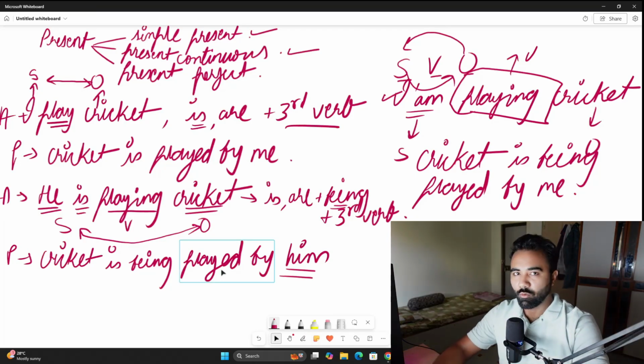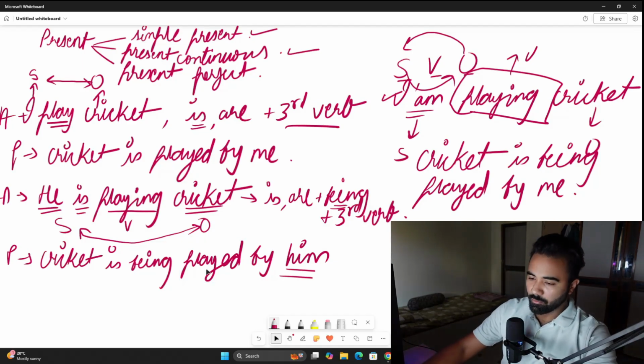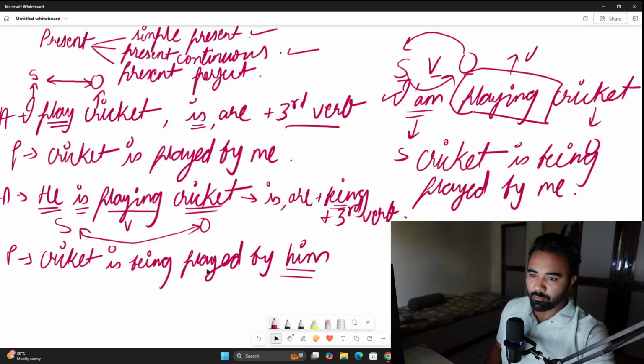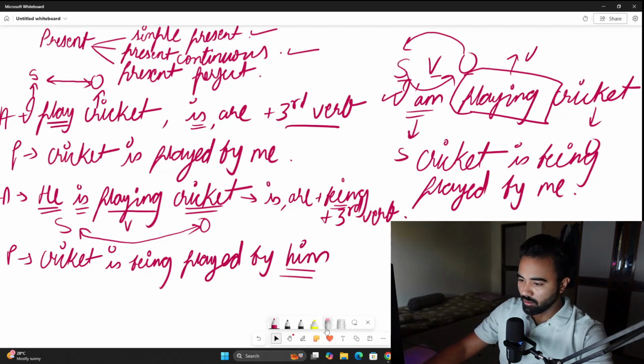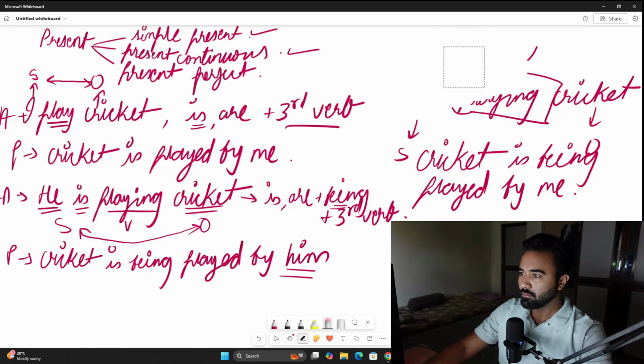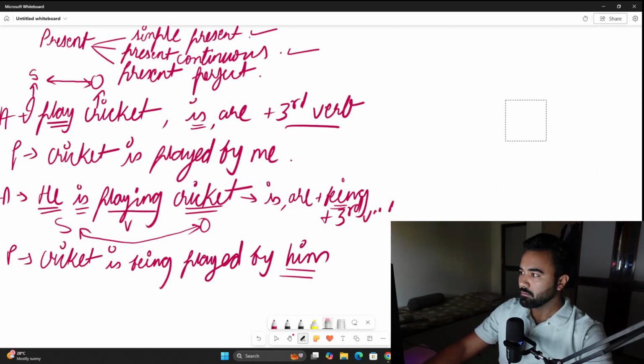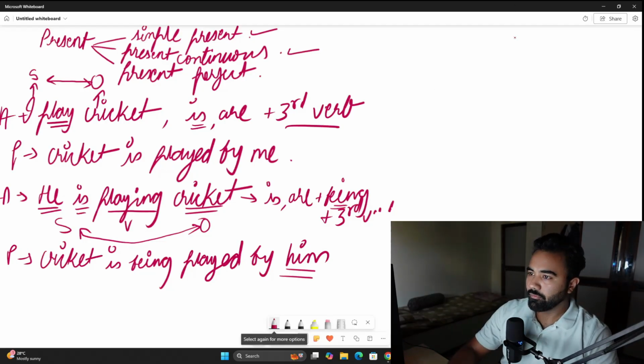All right, so now we focus on present perfect tense. I'll need to create some space. Okay, let me just erase this one. All right, present perfect.